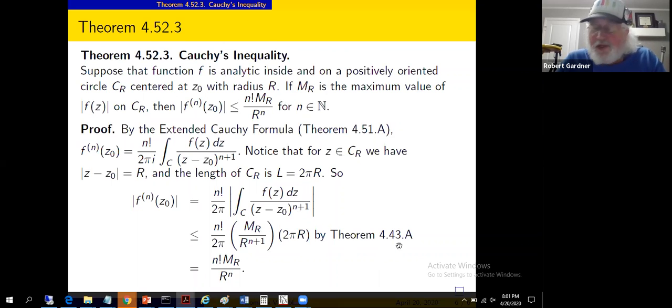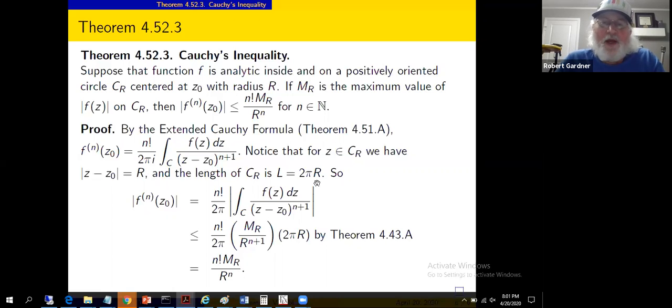And back in section 43, I guess, we said if we can get a bound on the integrand and we know the length of the contour, that allows us to put bounds on moduli of integrals. So we've got this bound on the integrand, M sub r bounds the numerator, denominator equals in modulus r to the n plus 1. Contour C sub r had radius r.